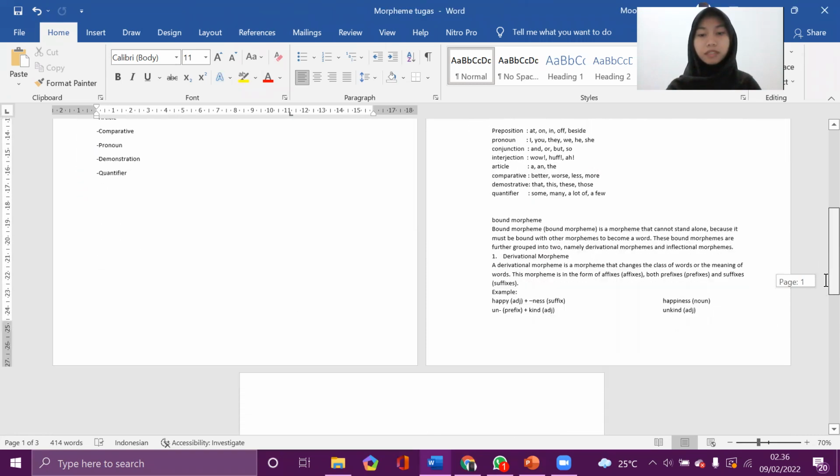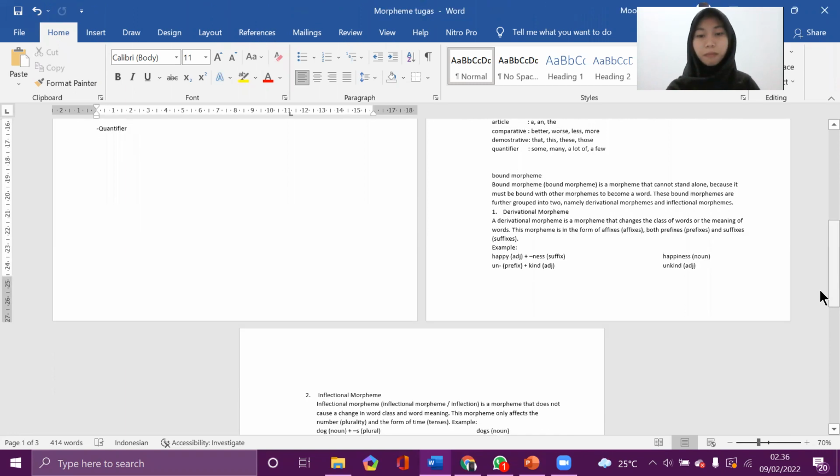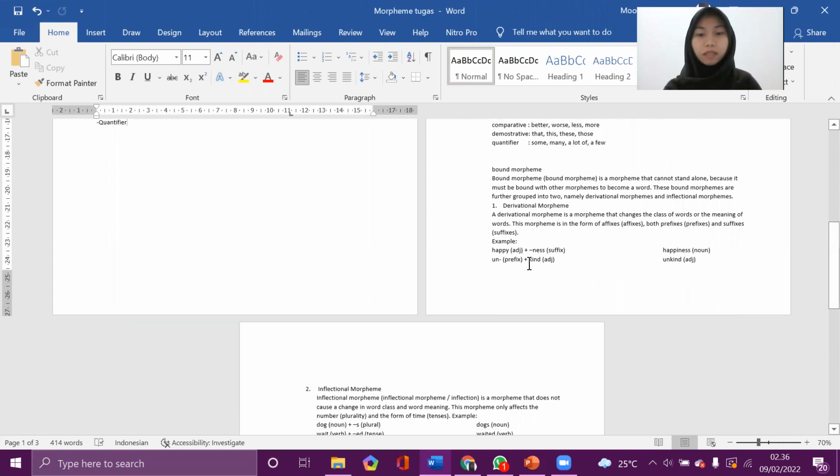So an example of derivational morpheme is happy as adjective plus ness as a suffix, so it becomes happiness as a noun. And the next example is un as prefix plus kind as adjective becomes unkind as adjective.